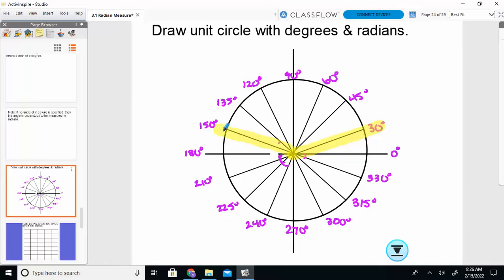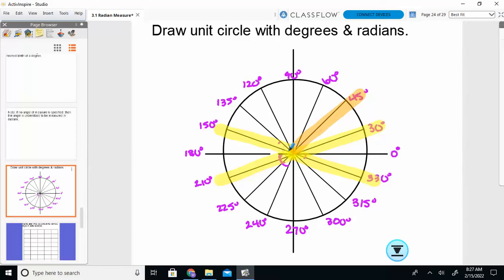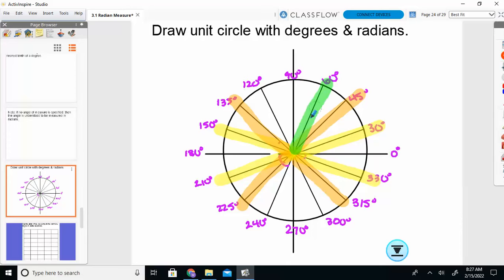These are all of my angles with a reference angle of 30. And then as you go out, these all have a reference angle of 45, and these have a reference angle of 60. So the circle is nice and symmetrical.